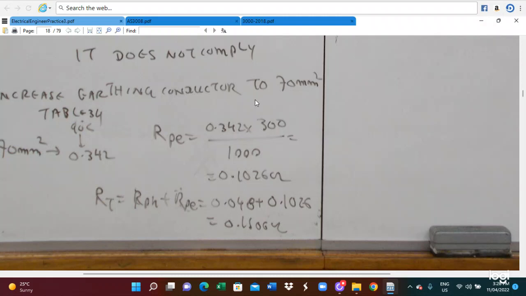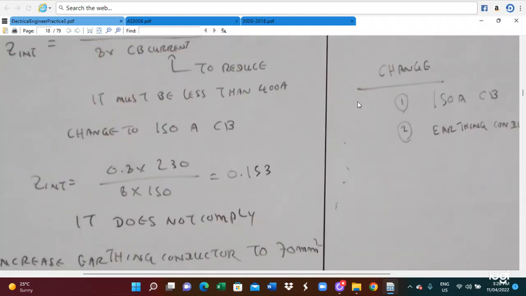Today's lesson is how to calculate the maximum earth fault loop impedance, and how to change your circuit components to comply with AS3000, whether your earth leakage circuit breaker will be working or not at the time of an earth fault. So today we calculate the maximum length of the cable, also the earth fault loop impedance, and also the compliance.